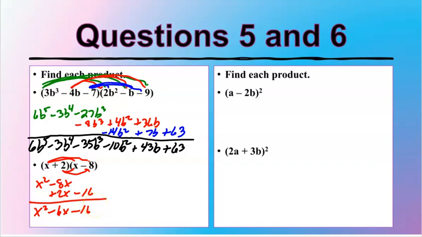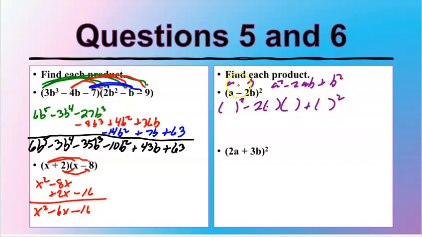Find each product here. These are special products. I have a square of differences, so I can use the formula a squared minus 2ab plus b squared. So if I do that, there's my a squared minus 2ab plus the b squared.